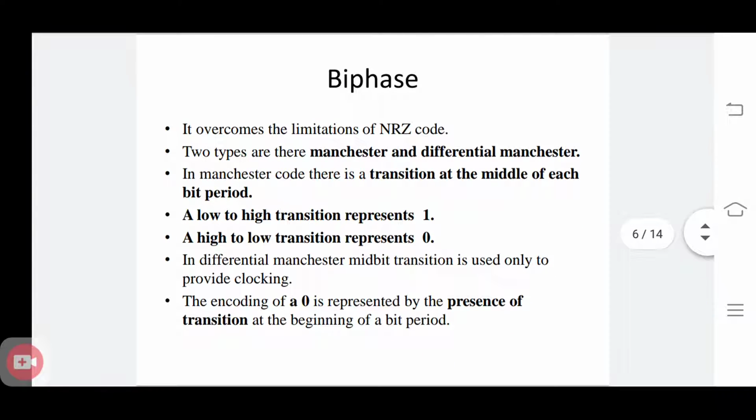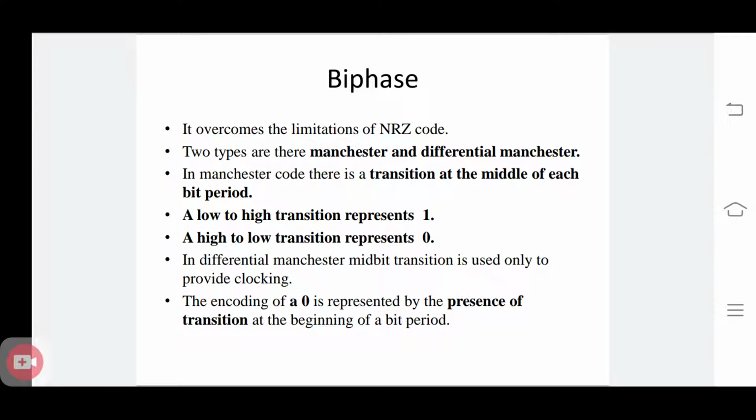And the next category of signal encoding mechanism is biphase. It overcomes the limitations of NRZ as well as some multi-level binary mechanisms. There are two types. One is Manchester encoding and another one is differential Manchester encoding.